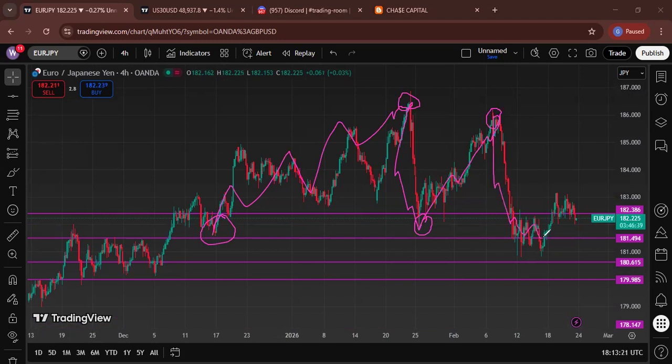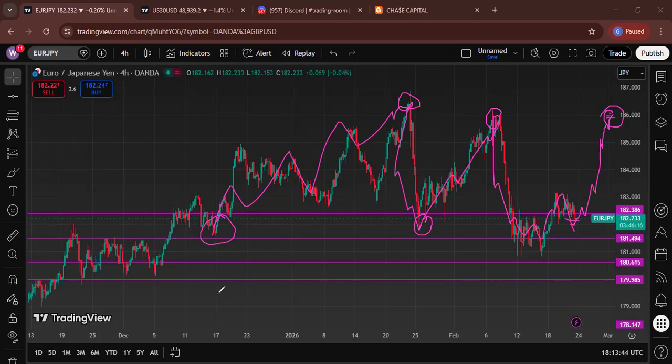This range is filled. So for this one, now that you have a break above a retest, I'd look for a push to the upside all the way back to these areas of 186 upper, back to these highs, for that range to be filled.